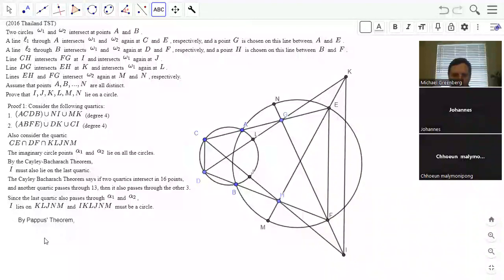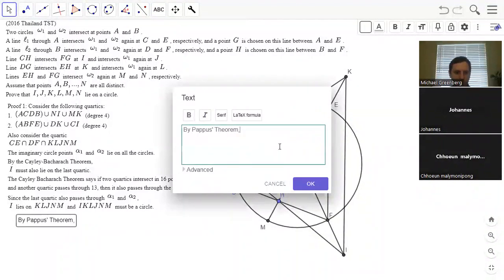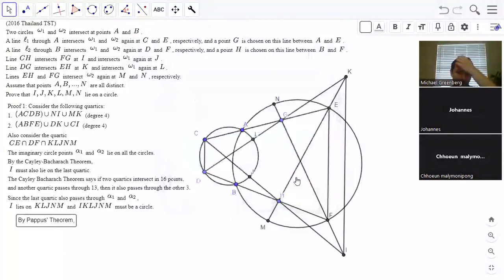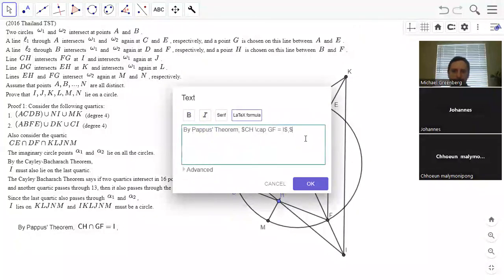So CH intersect GF. And then DG intersect CH, intersect GF, DG intersect DH equals K.